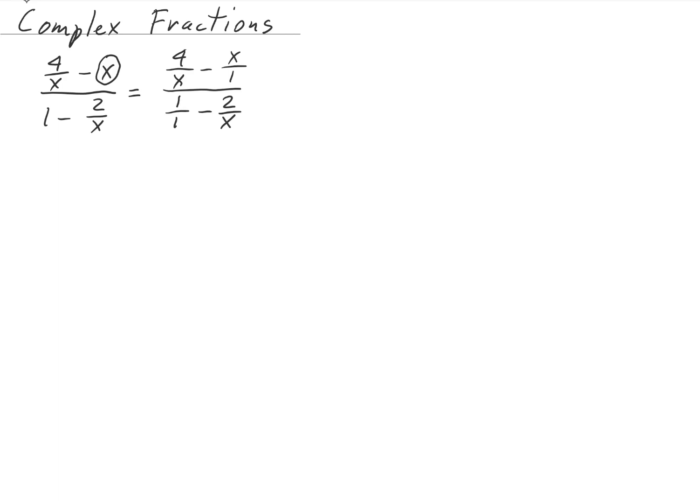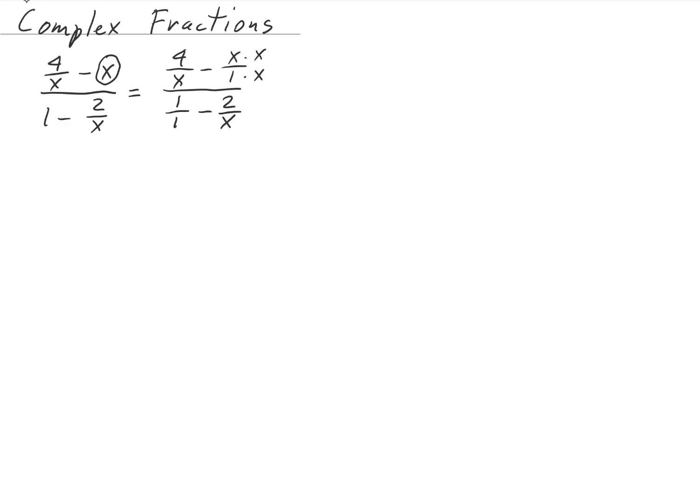And the common denominator for the two fractions on the top is x. This first fraction is already over an x. The second fraction, I can multiply top and bottom by x. And the same on the bottom. The common denominator is x.